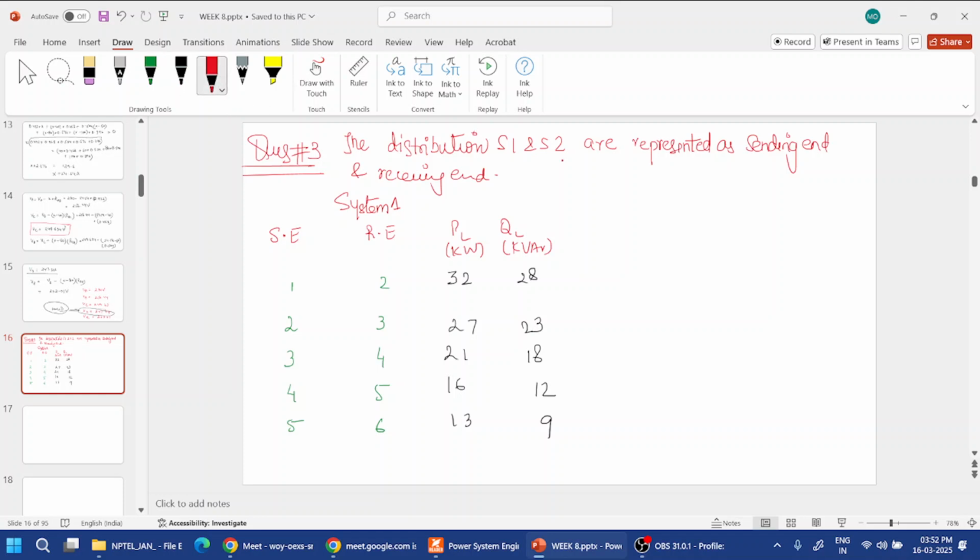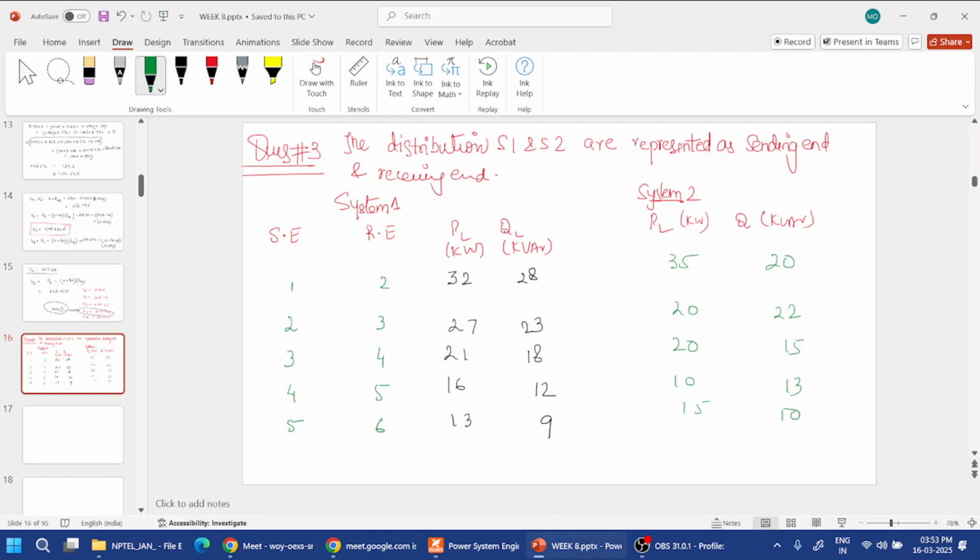Let's say, in the second system, system 2, the PL and QL are in the same kVAR and kilowatt. These values are 35, 20, 20, 22, 20, 15, 10, 13, 15 and 10.